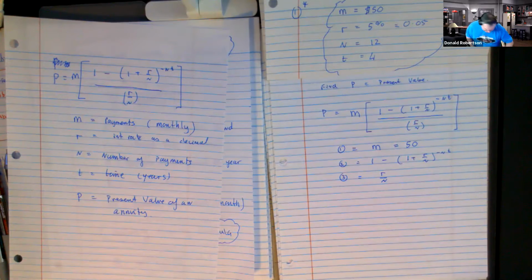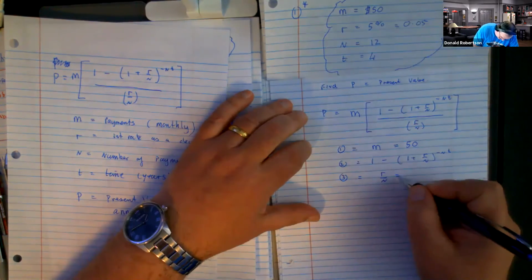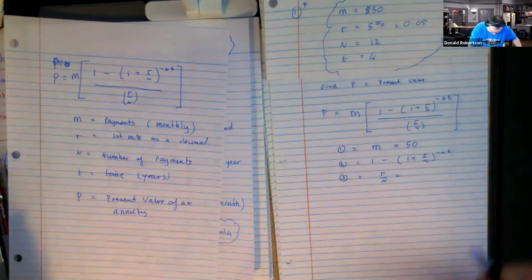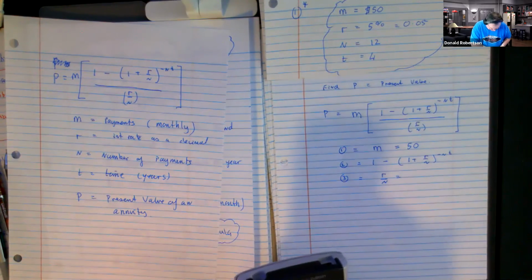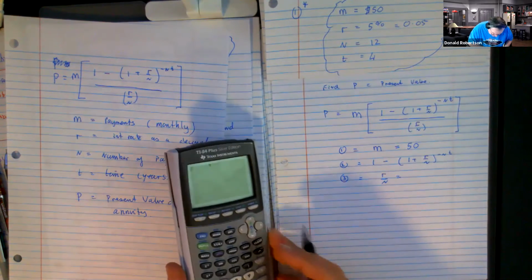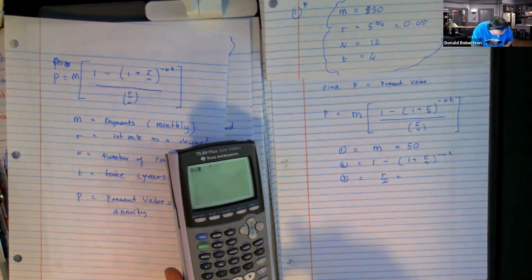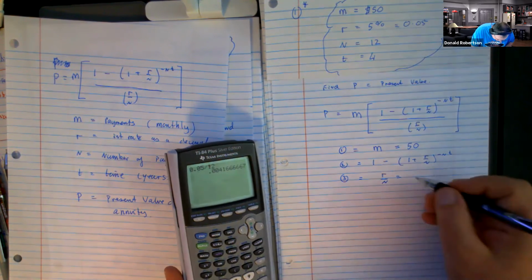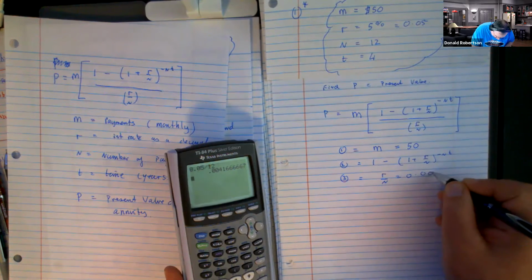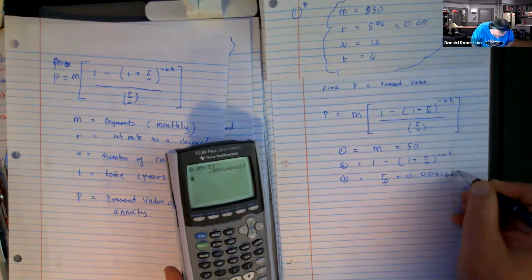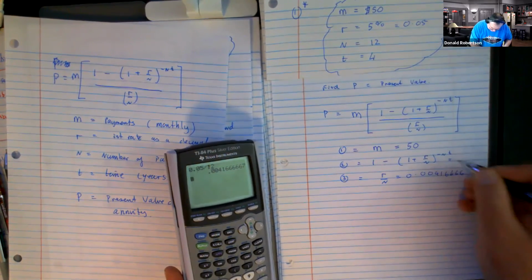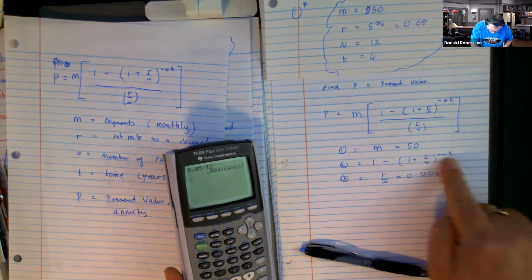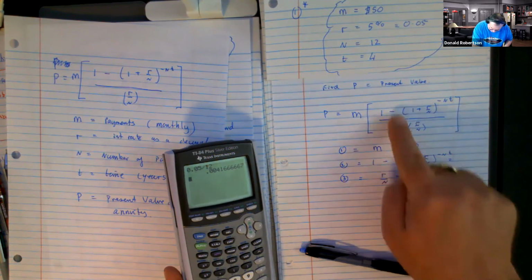I would do that. Now, R over N, which is just this part here, the one I'm calling number 3, isn't too bad. What is it? 0.05 divided by 12. And so I'm putting it in as 0.0041 in lots of sixes. And the one that's really the troublesome one, to be honest, is this thing here.